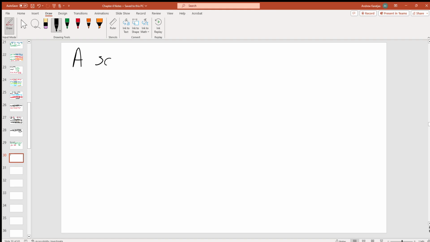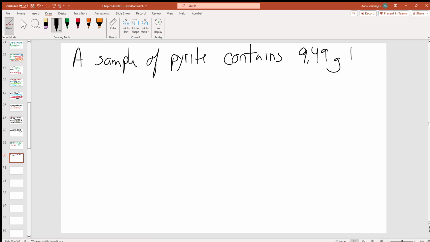So a sample of pyrite contains 9.49 grams of iron and 10.9 grams of sulfur. And we're going to determine its empirical formula.